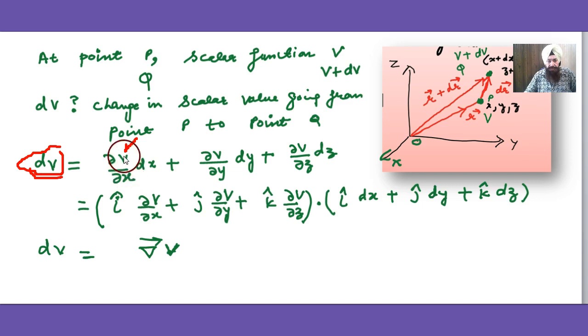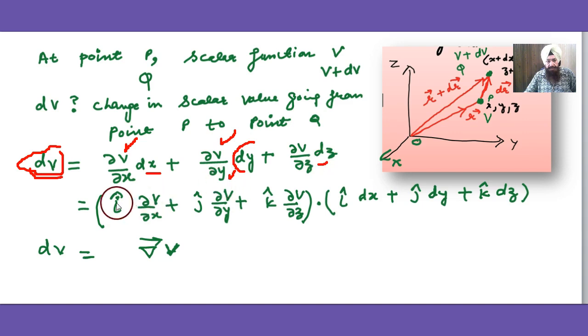When we find how V changes only with respect to x, that is called the partial derivative and is written as ∂V/∂x. And from here to here, the shift in x is dx. Then how V changes only with y is a partial change, and the total change in y from here to here is dy. How V changes only with z is a partial change, going from here to here, dz.